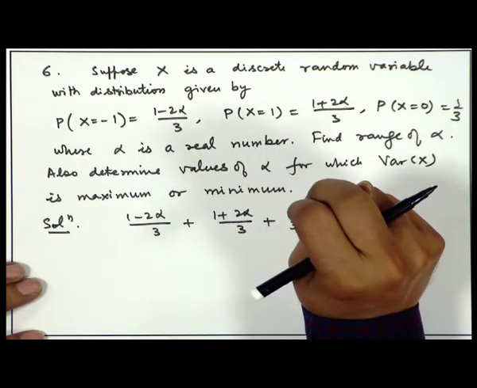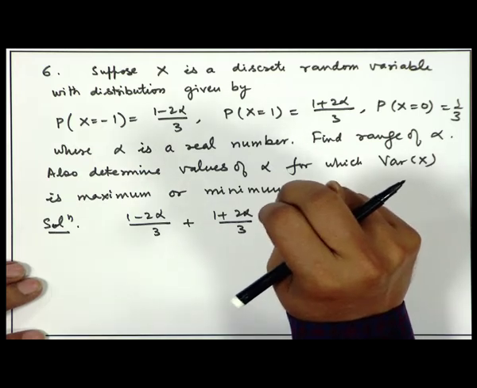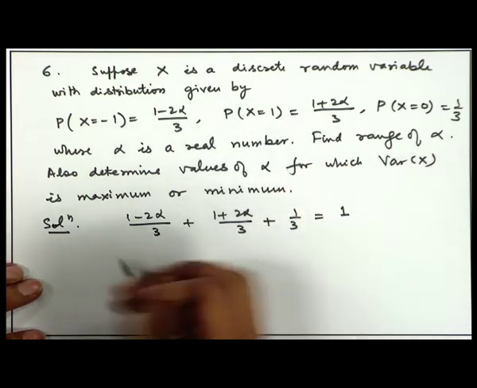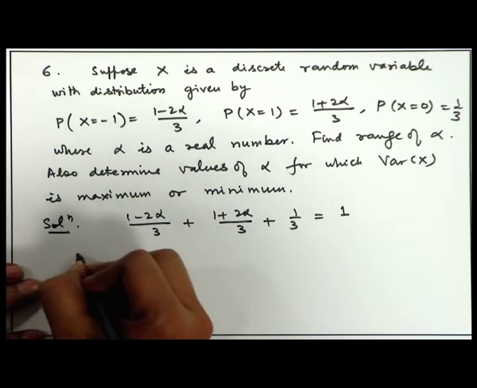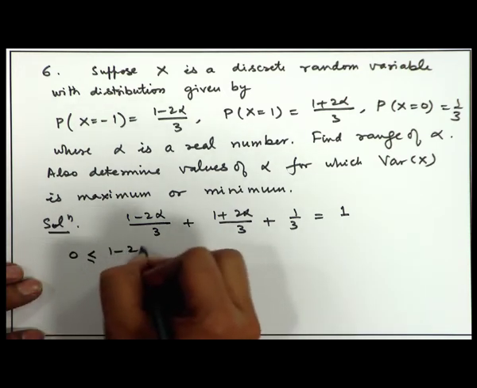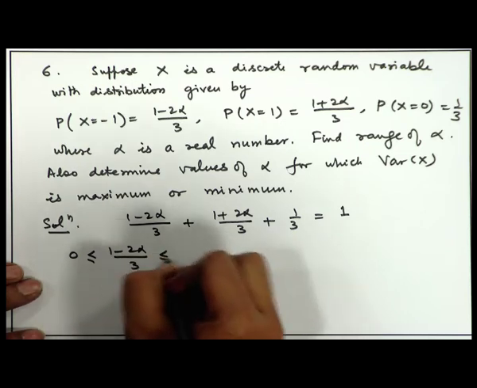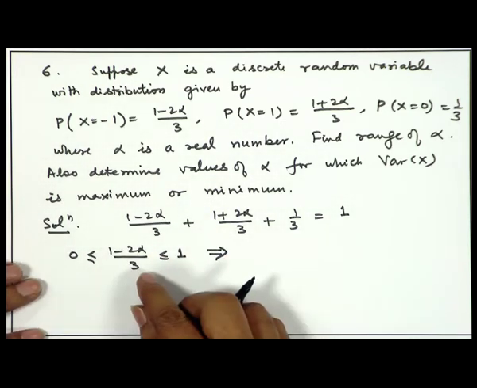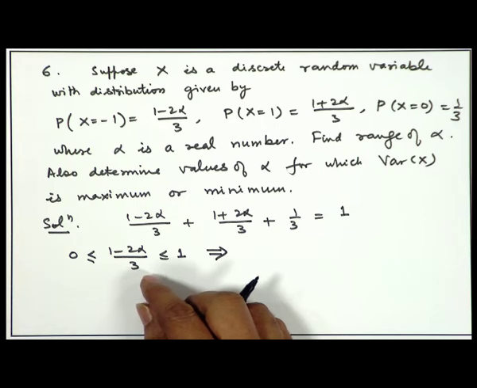Now, the second condition is that the probabilities must lie between 0 and 1. So, if we apply that condition, you should have 0 less than or equal to 1 minus 2 alpha by 3 less than or equal to 1. Now, this can be easily simplified.